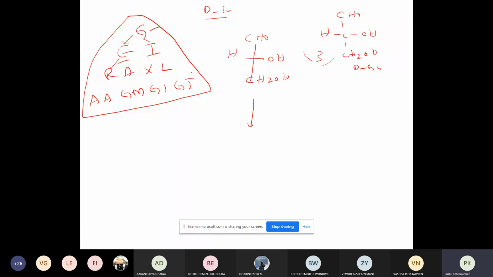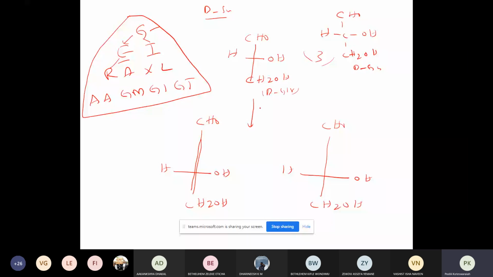You can see here, when we introduce one more carbon, again write the glyceraldehyde structure here once again: CH2OH, OH, H, CHO, CH2OH, OH and H.